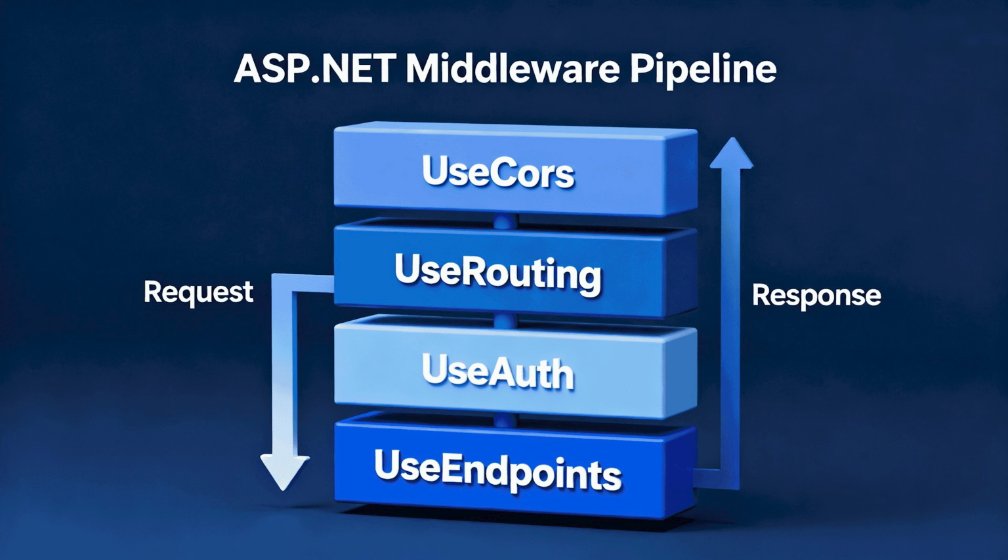UseStaticFiles serves HTML, JavaScript, CSS directly. UseCors handles cross-origin requests. UseEndpoints runs the final request logic. You add them in your Program.cs file. And the order matters. If you put authorization before authentication, nothing works. That's one of the most common beginner mistakes.